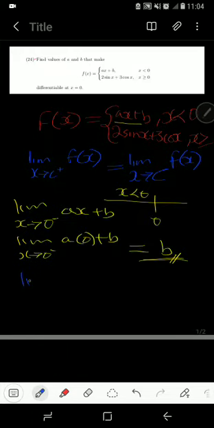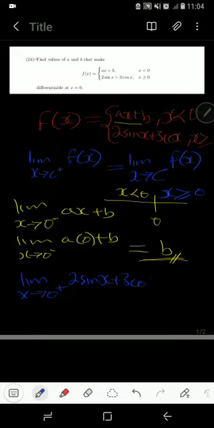So the limit as x approaches 0 from the right, which means here x is greater than or equal to 0, a positive number. So there you go with the second function, 2 sine x plus 3 cos x.